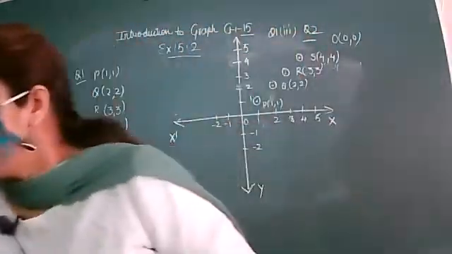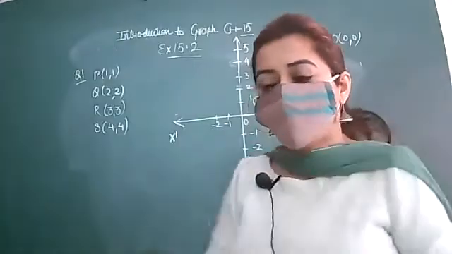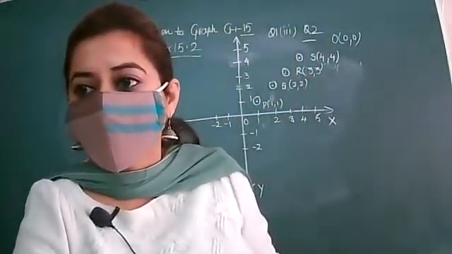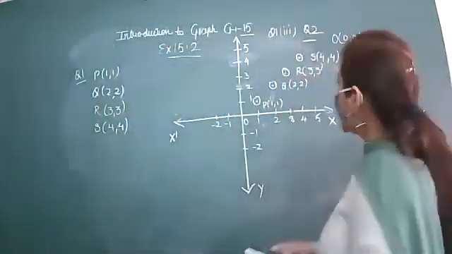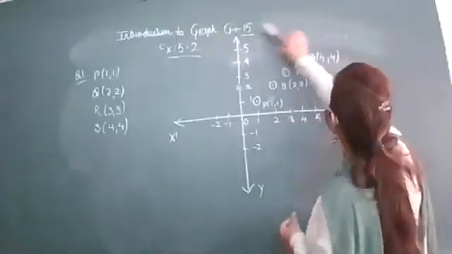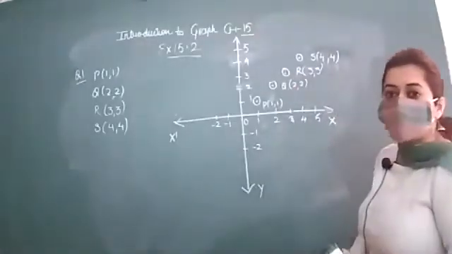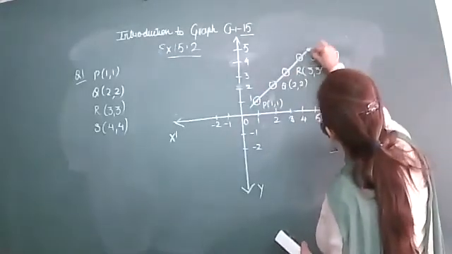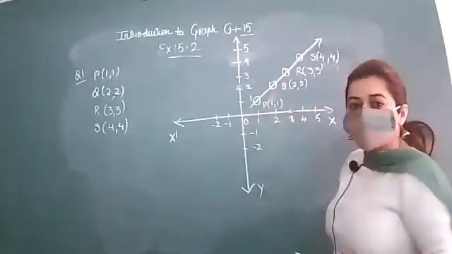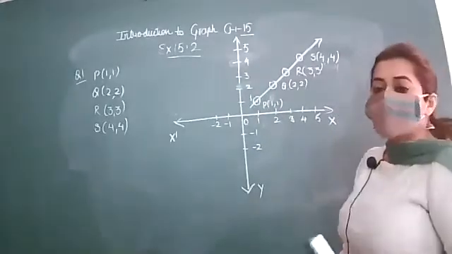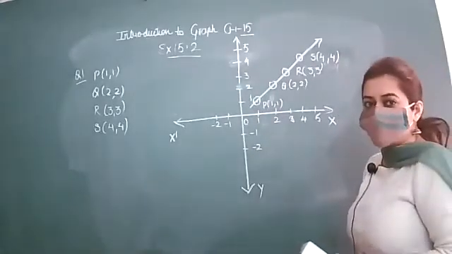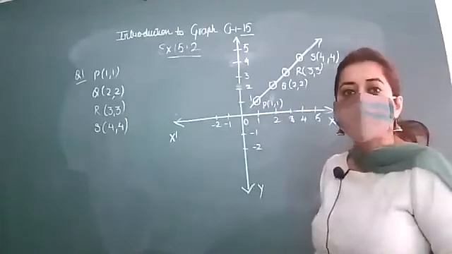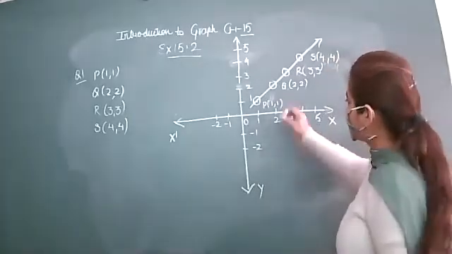Now, let's join the line that passes through all these points and make sure whether they are forming a line or not. If they form a line, then you will say that they form a line graph, a linear graph. So let's join these points and put arrows, because in the case of a line, you have to put arrows on both sides, because a line can be extended in both directions.